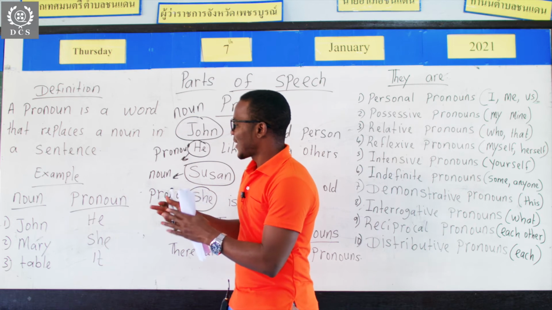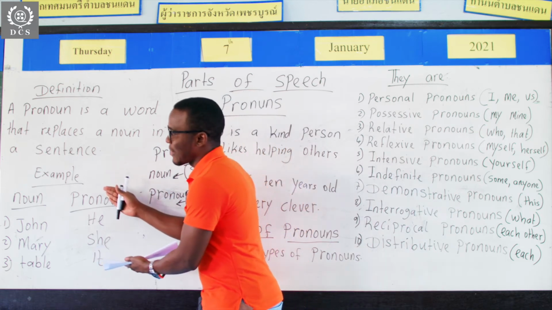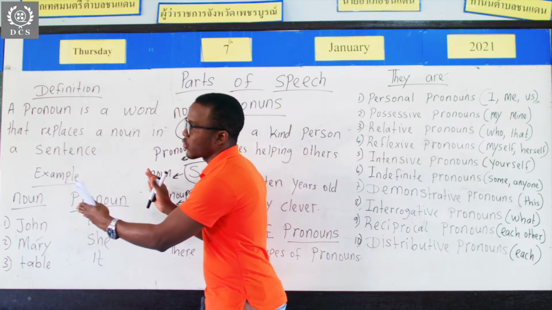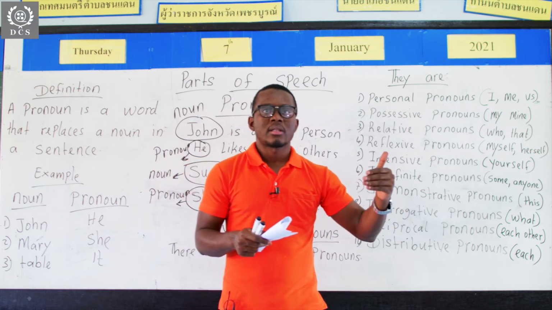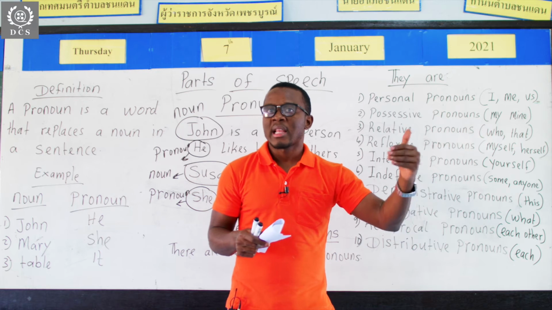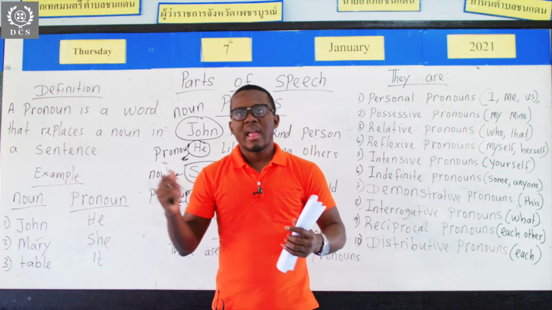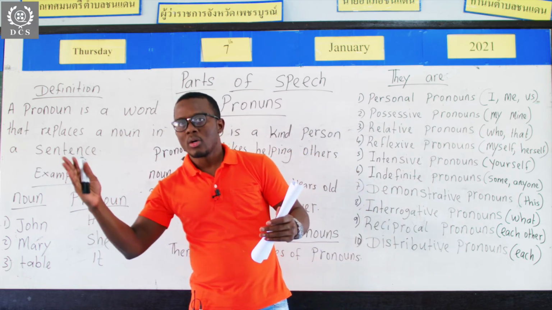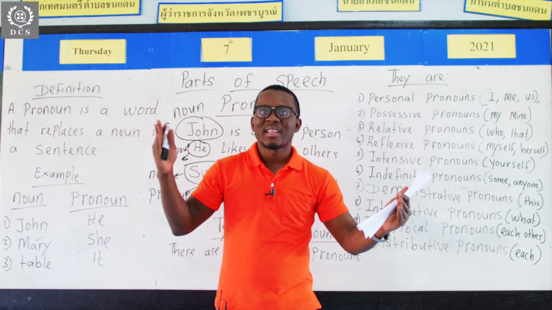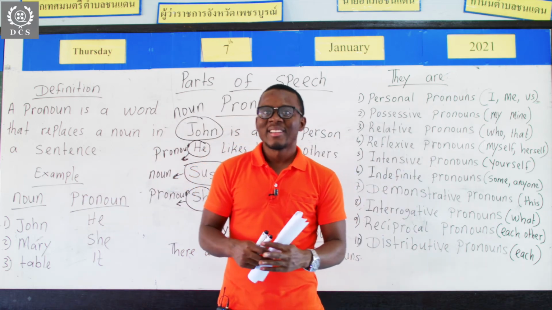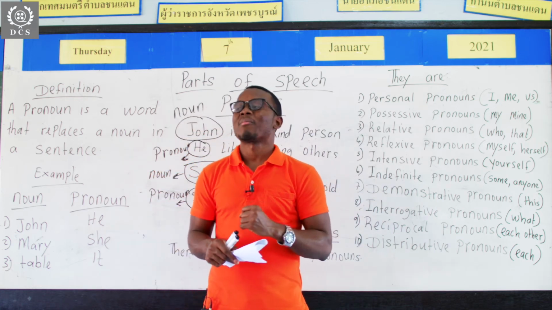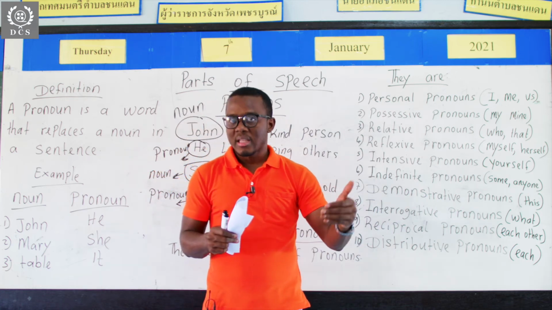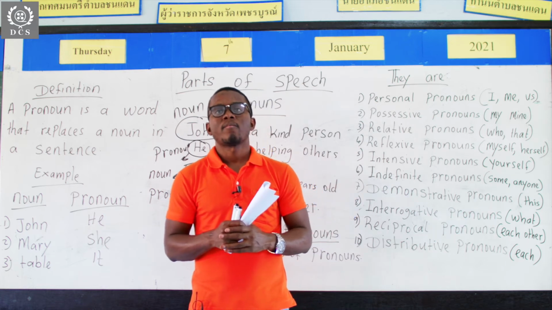Okay, so let's look at some of our examples of nouns and pronouns. Like I mentioned, a noun is the name of a person, a place, an animal, or a thing. And a pronoun is a word that replaces a noun in a sentence. Let me make a simple sentence. Peter likes to eat hamburgers.